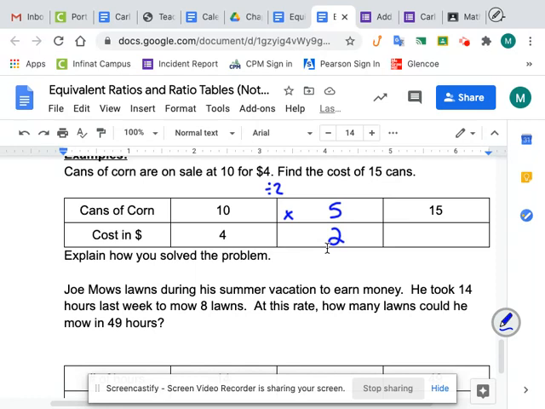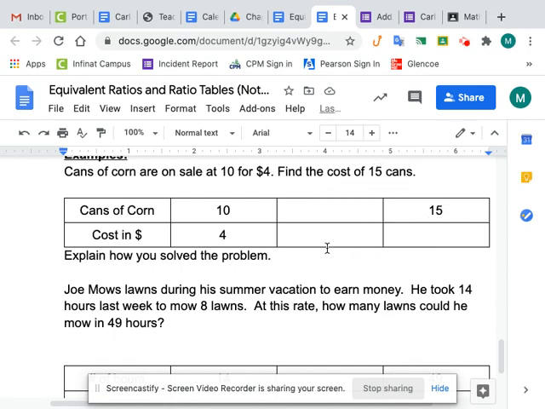Now I can scale forward to get up to 15 cans by multiplying by 3. So 2 times 3 is 6. To answer the question, 15 cans would be $6. In my explanation, I would say divide by 2, then times 3. This is where I scaled back and then scaled forward to find my final answer.